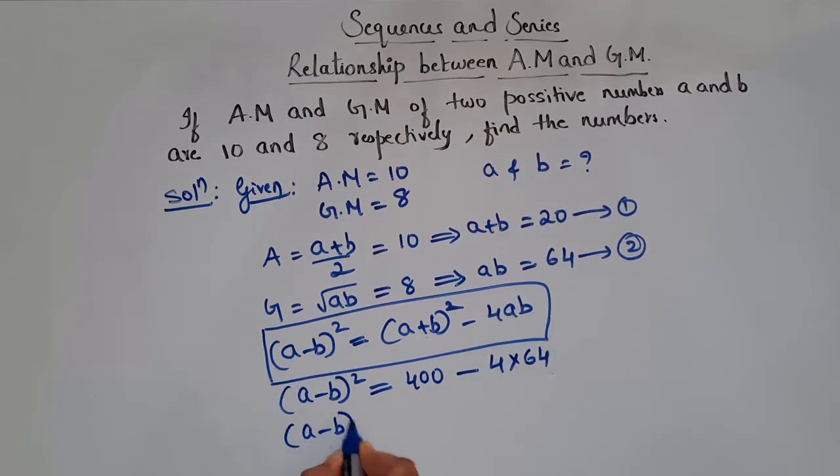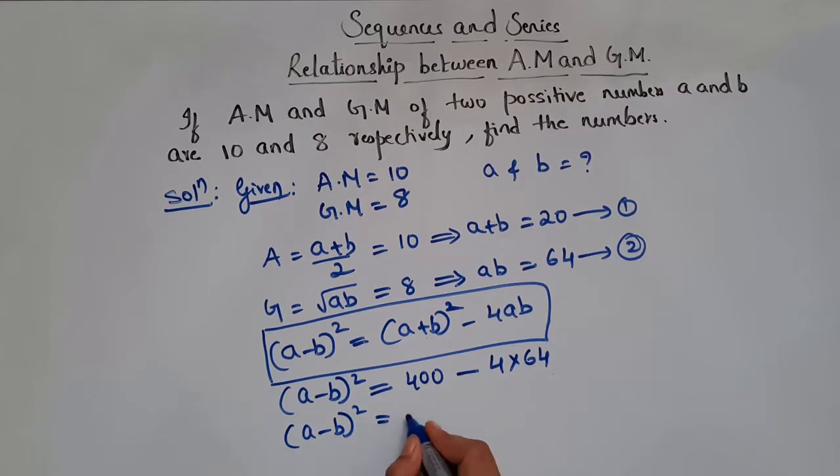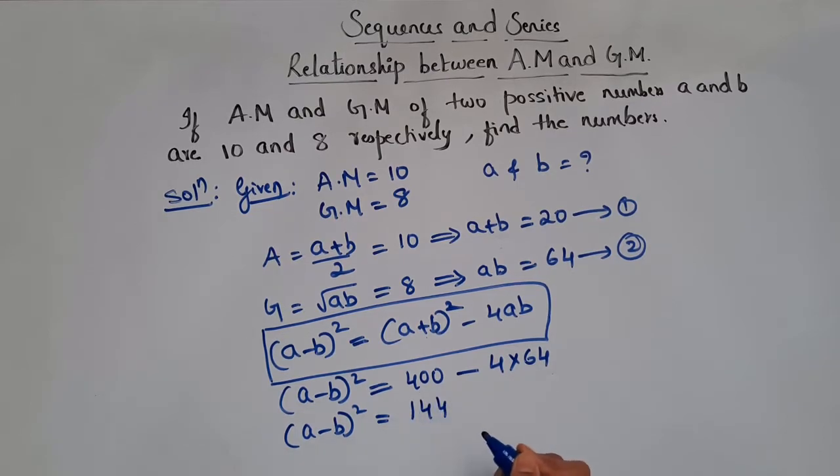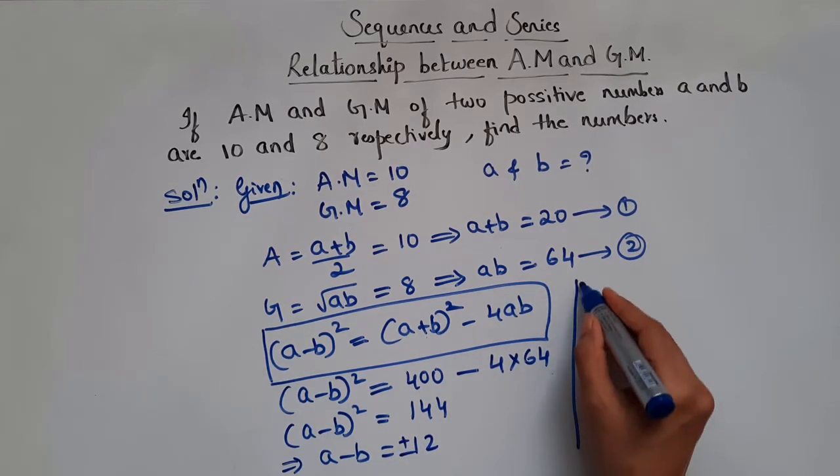So (a minus b) the whole square is equal to 400 minus 4 into 64, which is 256. So 400 minus 256 will give you 144. So this implies a minus b is equal to square root of 144. So square root of 144 is 12, right? Plus or minus 12.